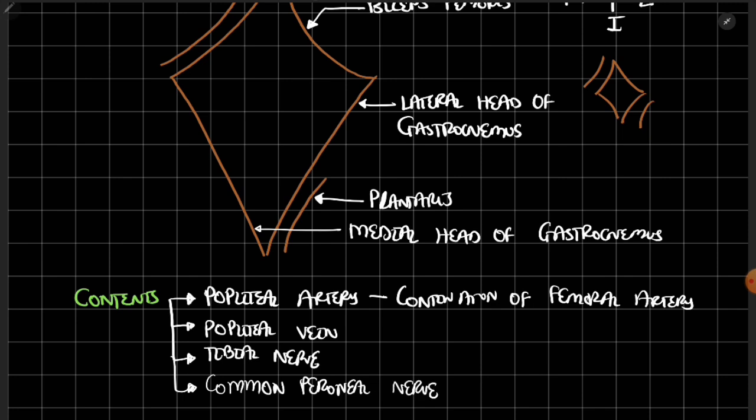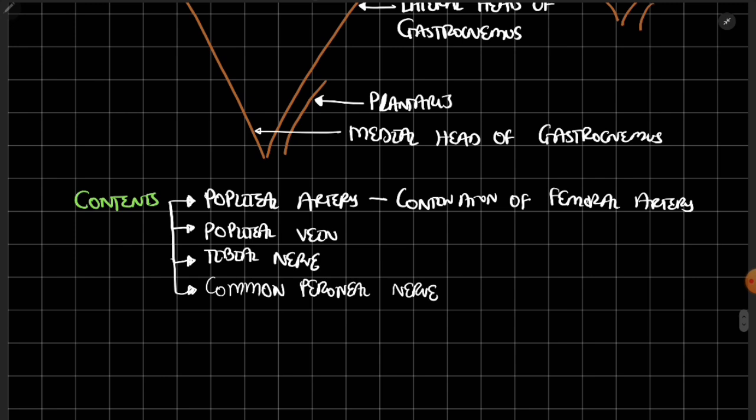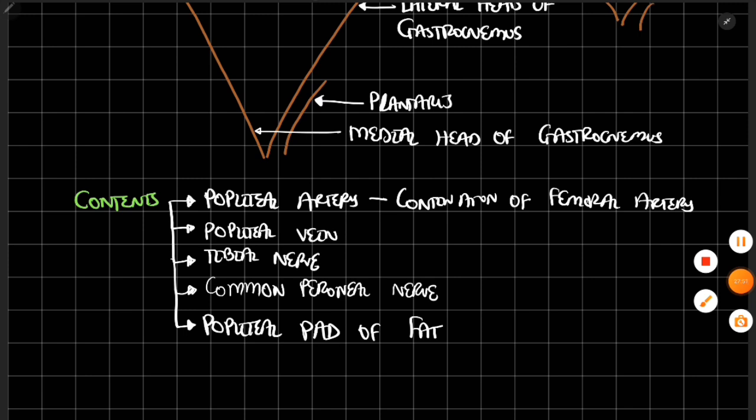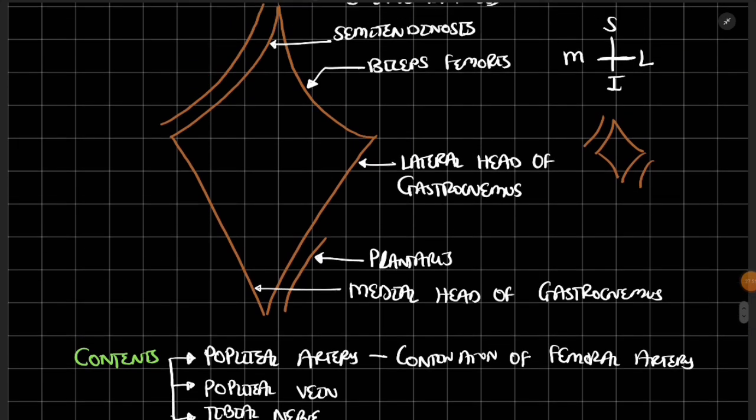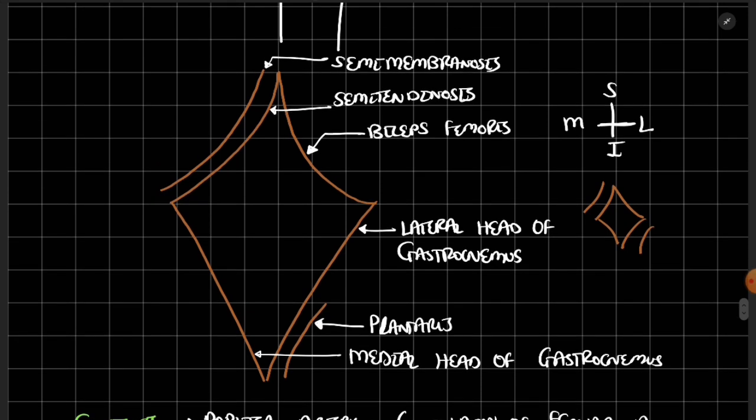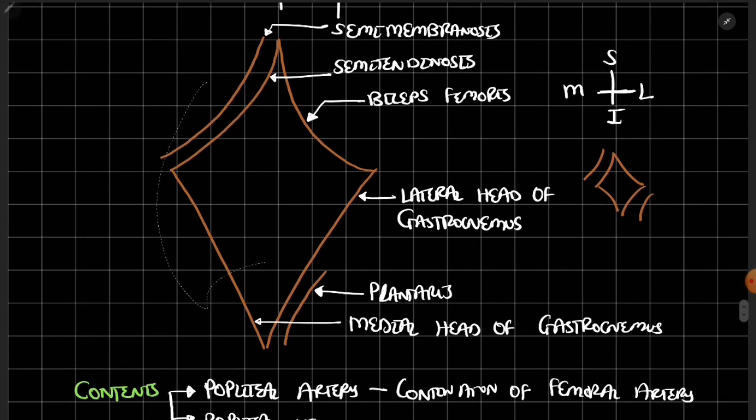These are the main contents, and one content which is the most important and which many people tend to forget is the popliteal pad of fat. We shouldn't forget the pad of fat. Now we will draw it in this figure itself. I will just copy this figure.